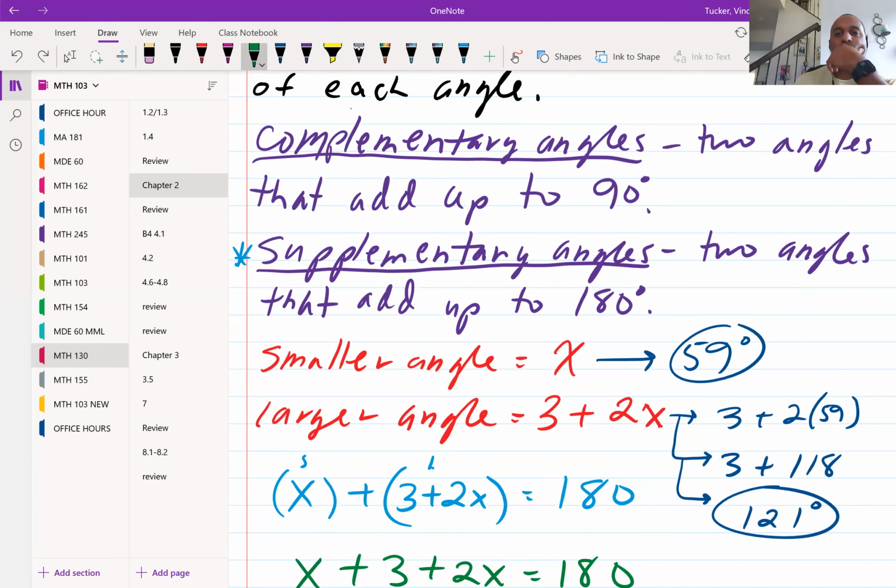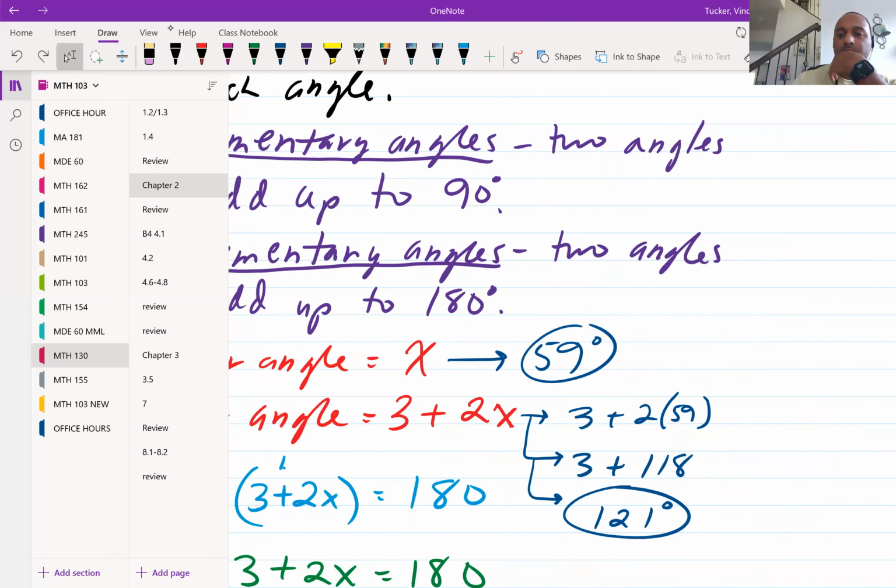All right, any questions? Can you move it over a little bit so I can see it? Like that? There you go.